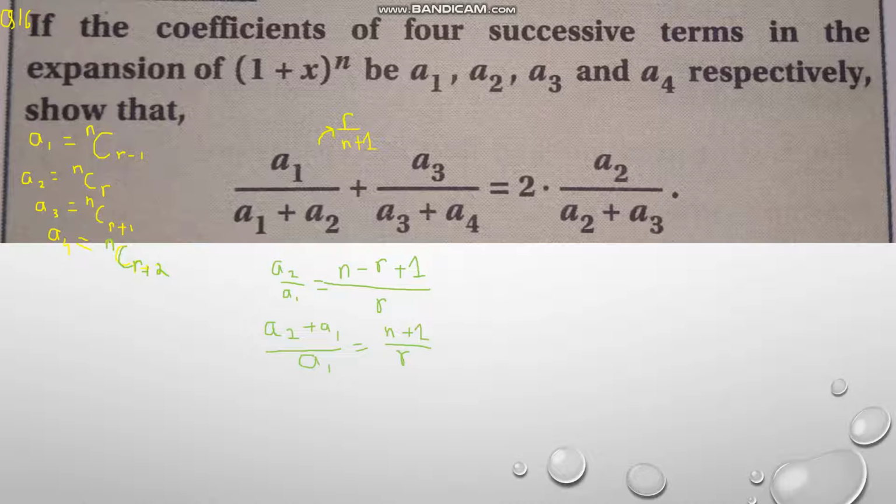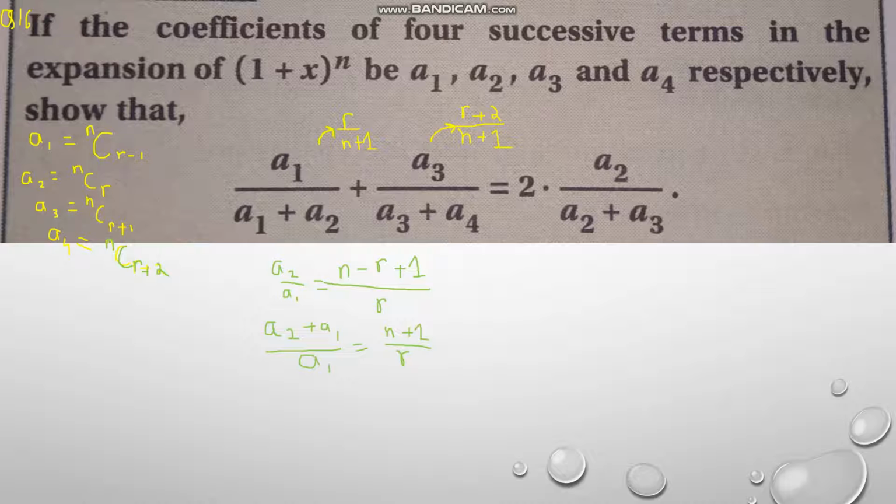Now another time, one can do the same process and find this term as well, which will come out to be, I am just telling you, (r plus 2) by (n plus 1). One needs just to take a3 by a4 this time, and then again add 1, and we will get this (r plus 2) by (n plus 1).